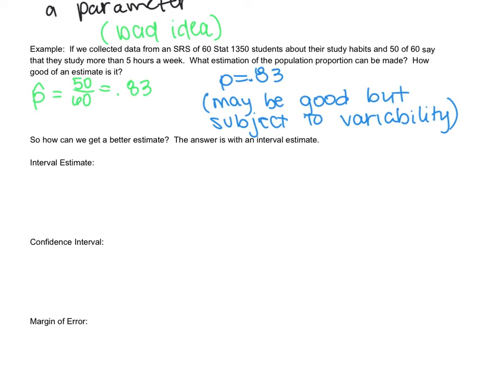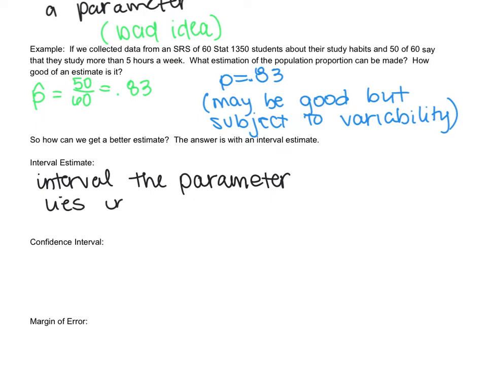When we use an interval, the interval estimates where the parameter lies. So for example, we could say our parameter would lie in the interval 0.81 to 0.85 if we were relating it to our previous example.